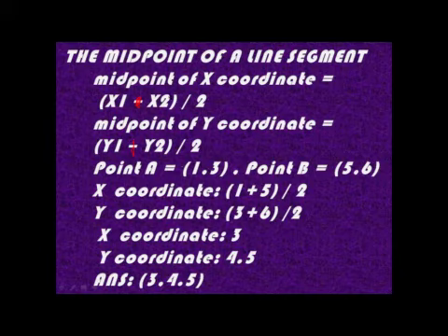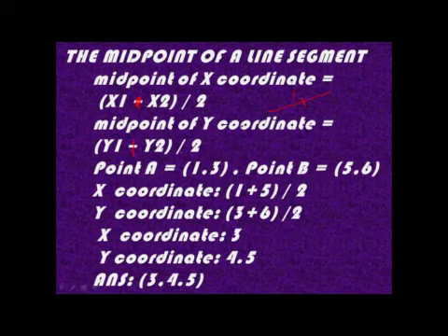So it's x1 plus x2 divided by 2, and y1 plus y2 divided by 2. That would give you the midpoint of the x coordinate and the midpoint of the y coordinate. When you find both, you get a point. Like this is the line, and you get the halfway point here.